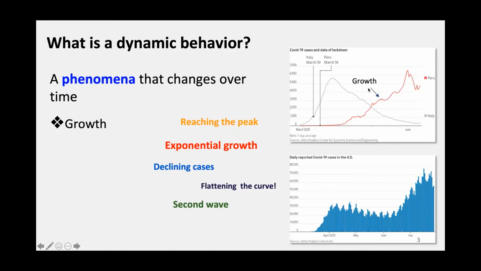For example, that's the growth part of this particular chart, where cases are increasing over time, or there is a decline in the number of cases, or sometimes oscillations, which are sometimes attributed to a certain phenomenon like weekends, depending on the time scale or the averaging that is used. But these are all dynamic phenomena happening over time.